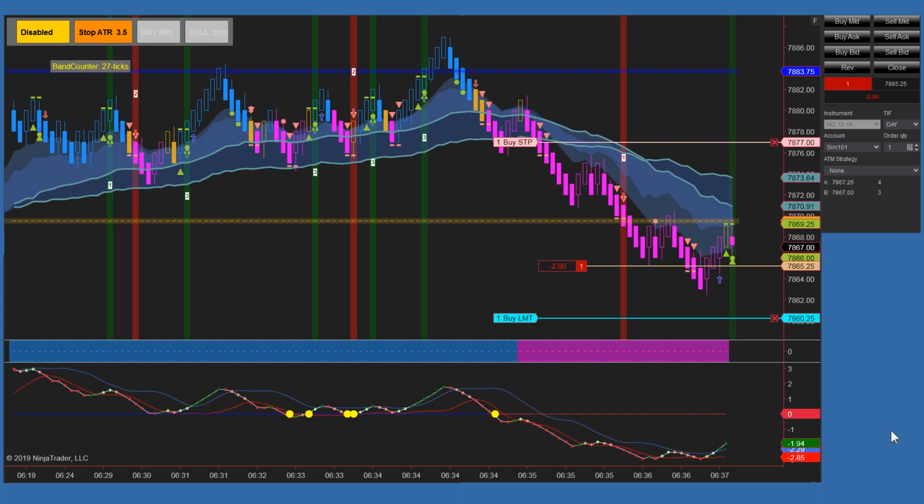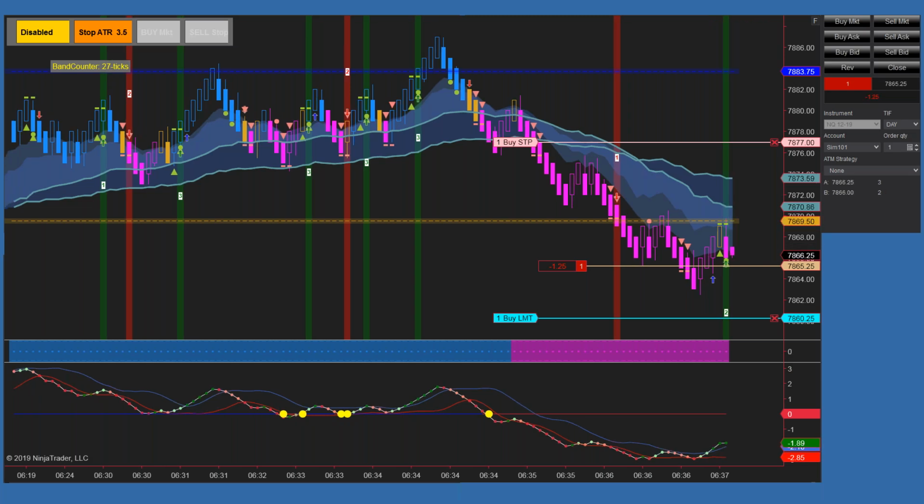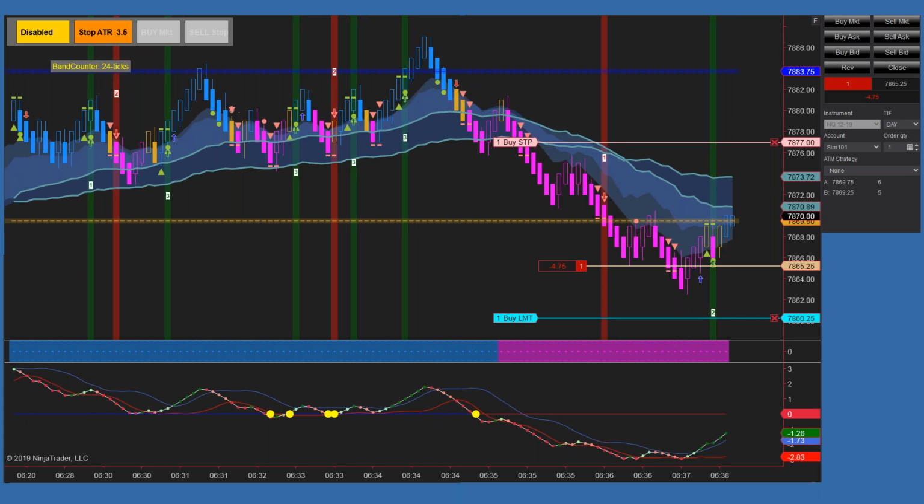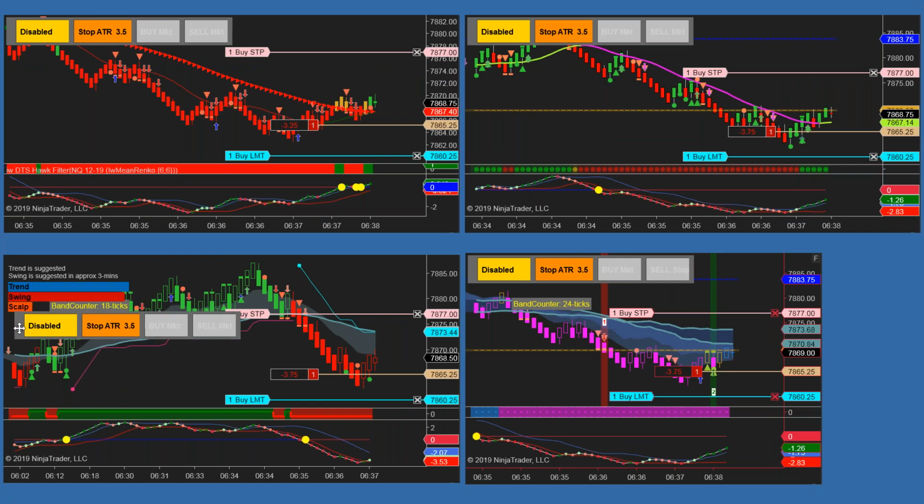Hovering around the median line. Let's see, is the market in trend mode? Well, only for another 3 minutes, then we're moving into swing mode.